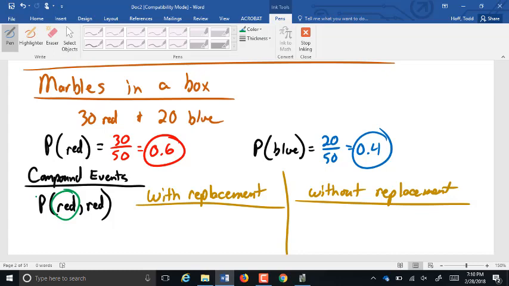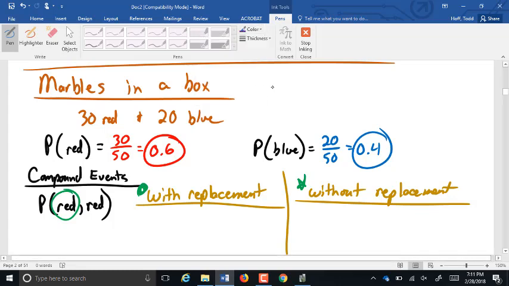What do we do with it after that? Well, do we throw it away and then draw the second one? That would be without replacement. Or do we look at it, record whether it's red or blue, and then put it back in the box, mix it back up before we draw the second one? That would be with replacement. What's the difference?